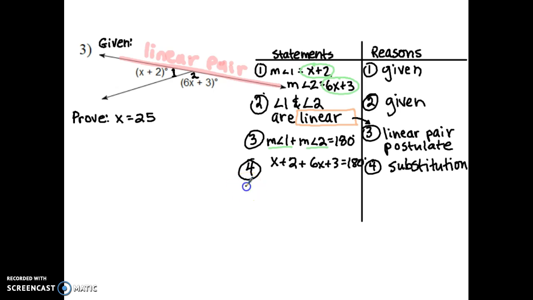Now I can combine whatever like terms I have. I should see that I have 1x and 6x, that makes 7x. 2 and 3, that makes 5. And that is just simplifying that equation.